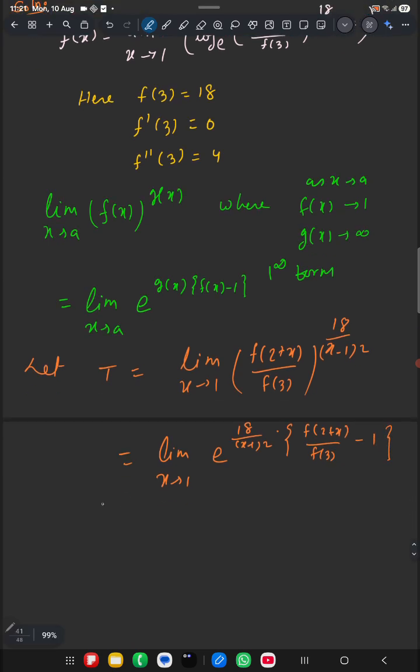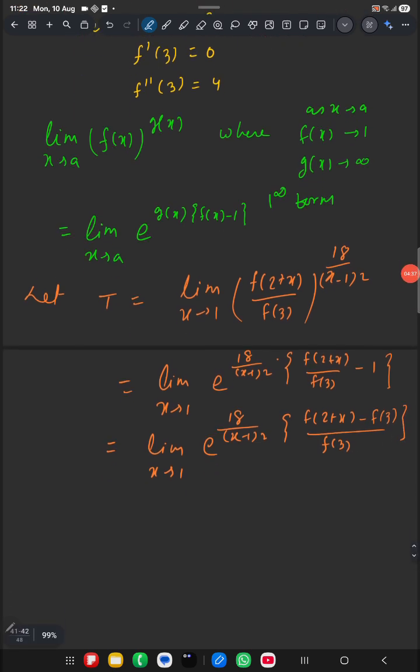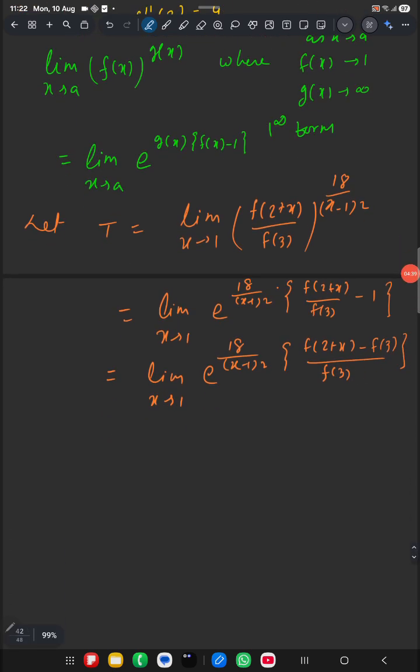Okay, in the next step, now I think you have understood. Those who have understood can solve on their own. What will be the value? (x minus 1) square and f of 2 plus x minus f of 3 upon f of 3. Let us see who is doing faster, me or you.